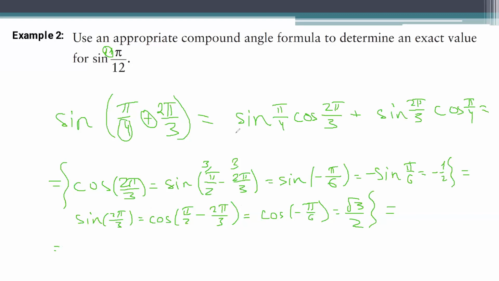Now, finally, let's solve it. Sine of pi over 4, so sine of 45 degrees, is 1 over square root of 2, times cosine of 2 pi over 3, which is negative 1 over 2, plus sine of 2 pi over 3, which is square root of 3 over 2, times cosine of pi over 4, same for the 45-degree angle, 1 over square root of 2.